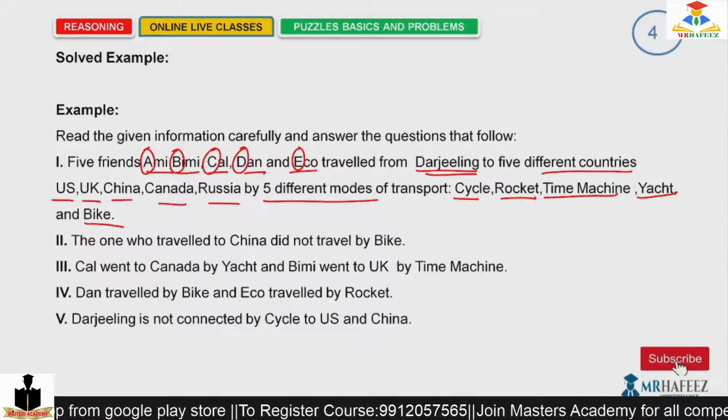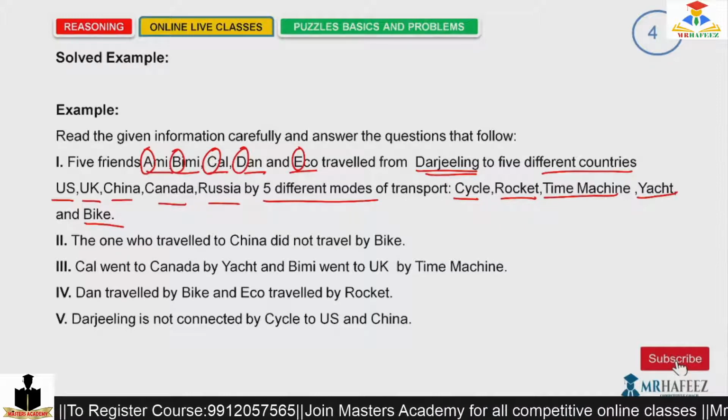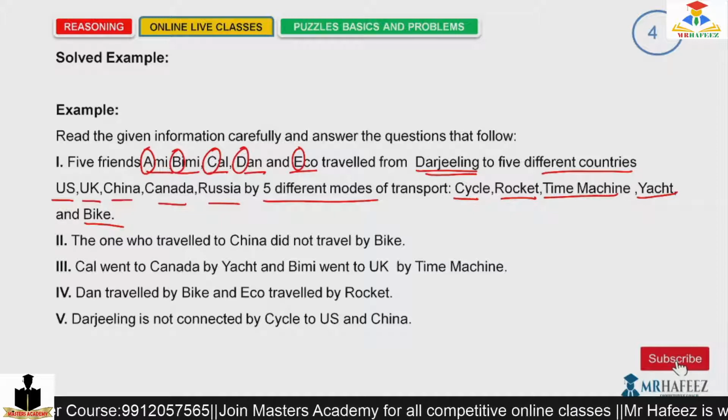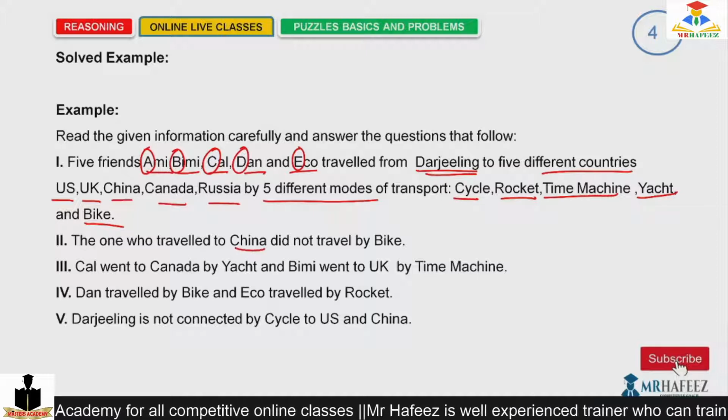Right. So now there are 5 people, 5 countries and 5 modes of transportation. And now, the one who traveled to China did not travel by bike. So now it is a condition. What is that condition?